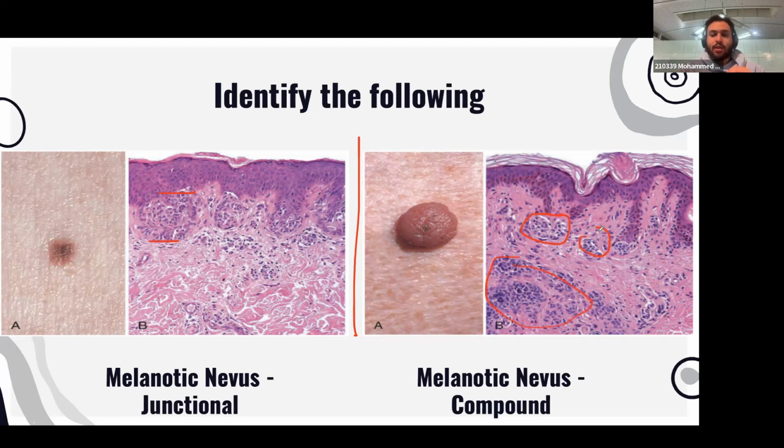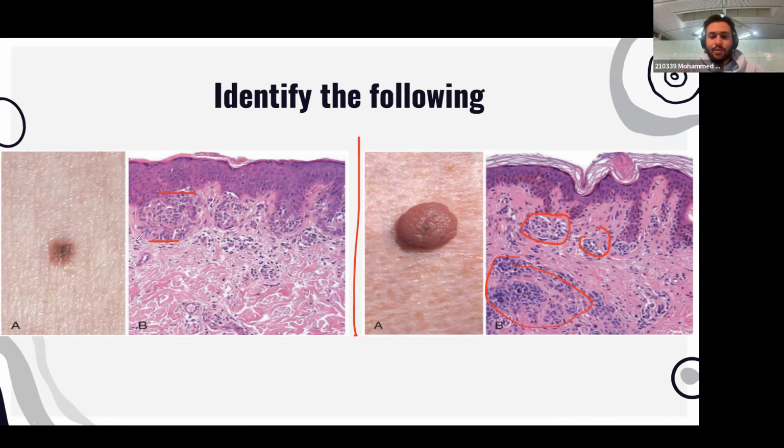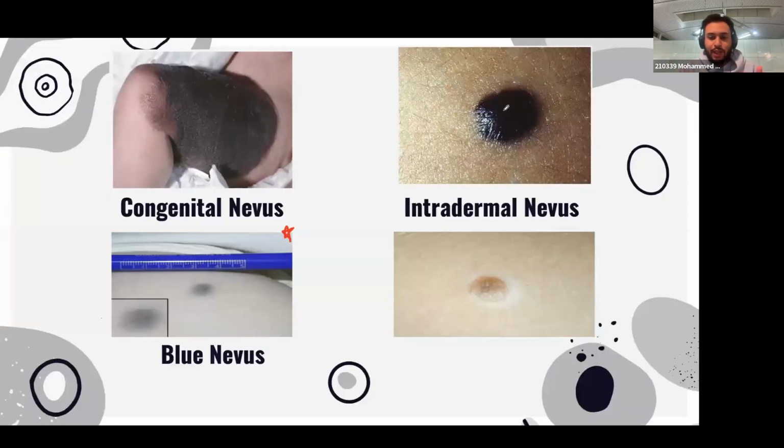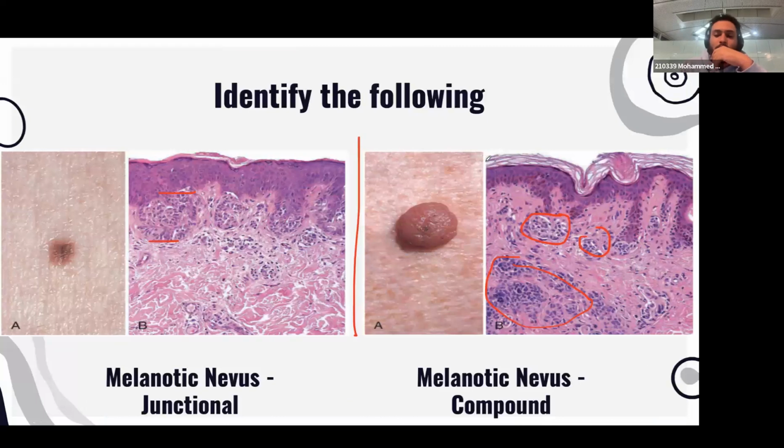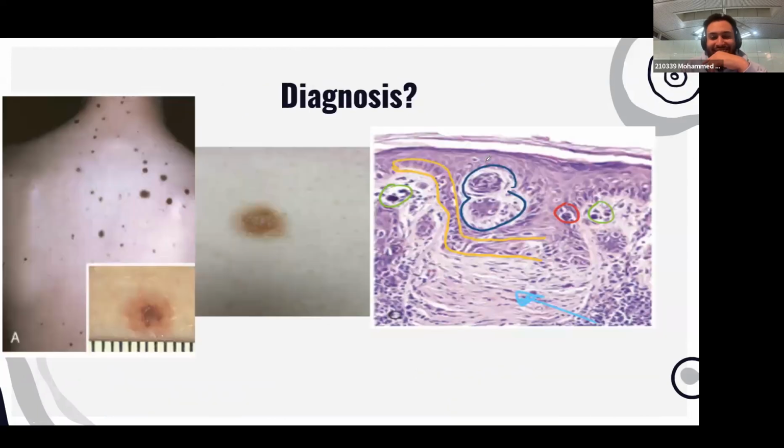If it's flat, like this one, you take a biopsy, it's going to be in the dermis. However, can you tell that this is a large lesion? No, so you just call it intradermal nevus. Okay. So that's that. Derma is very confusing with how they name things, and there's no way around it.